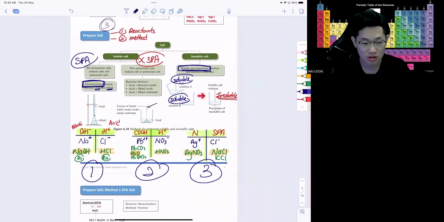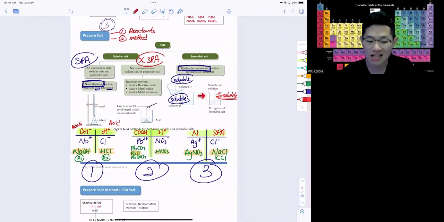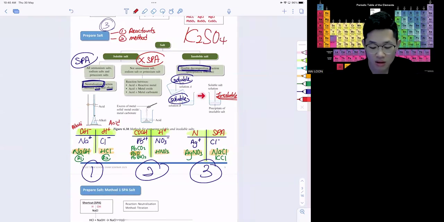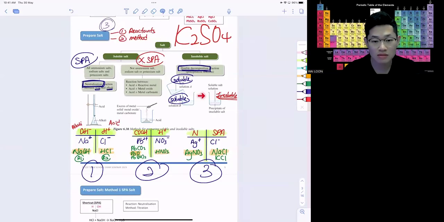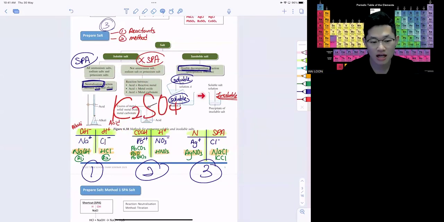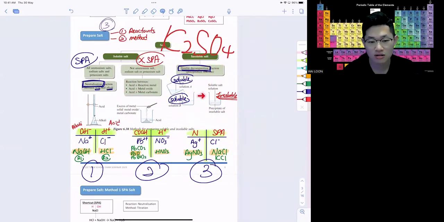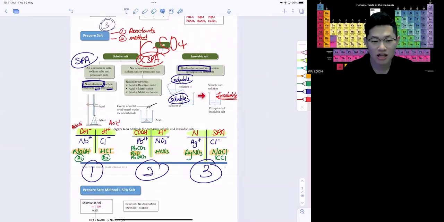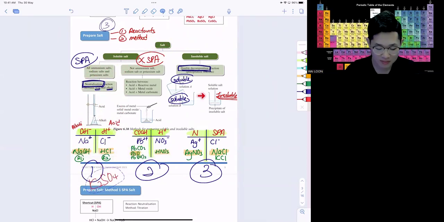Okay, so the first salt that I want to make is the potassium sulfate salt. If I want to make potassium sulfate, should I use the first cross, second cross, or the third cross? Okay, very nice. Correct. Potassium sulfate is soluble and it comes with SPA. So this one.